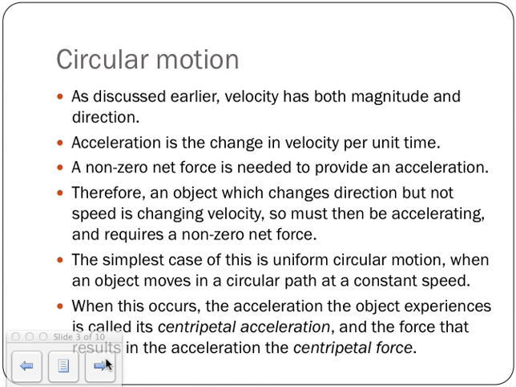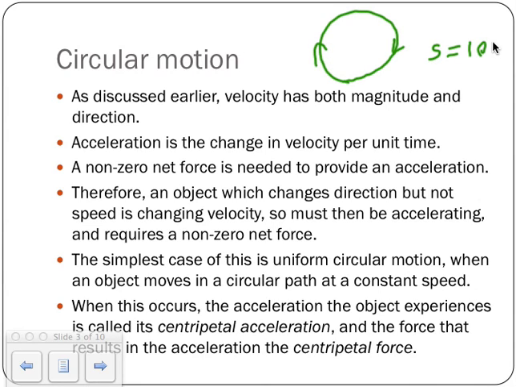So therefore, if you have an object which changes direction but not speed, then it is changing velocity even though the speed stays the same. If it's changing velocity, then it must be accelerating, and if it's accelerating, there has to be a net force on it. Imagine someone walking around in a circle at a constant speed, so their speed never changes.